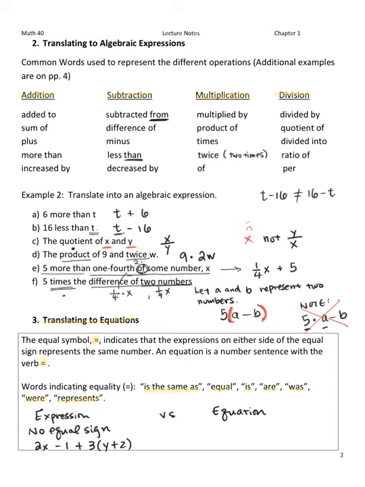Take a look at this one. Well, there is no equal sign, so this is an expression. Now for an equation, an equal sign appears. An example will be something like 2x minus 1 equals 3 times the quantity y plus 2.